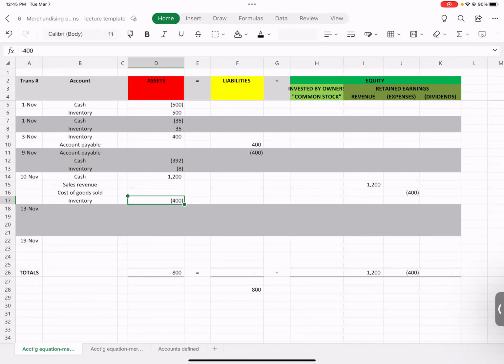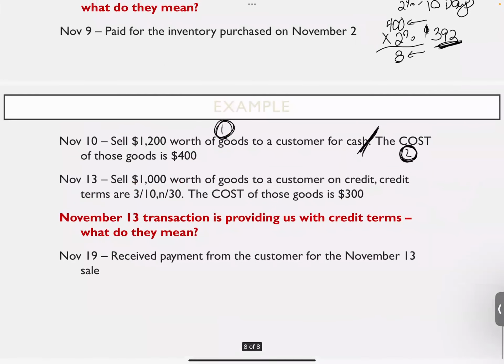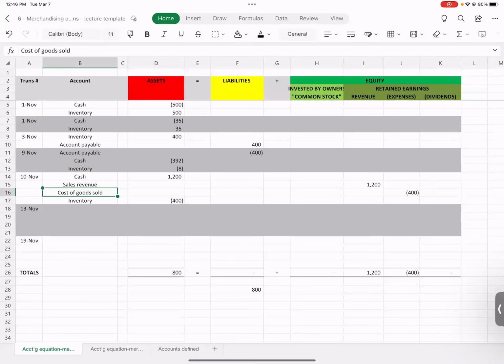So in every one of these sale transactions, what you have to remember is that there's going to be a sale piece and there's going to be a cost of inventory piece. The sale piece is how much did you sell those goods to the customer, period, end of story, right? The cost piece is what was the cost of those goods that you just sold? You account for that as cost of goods sold. And then you also account for that as your inventory decrease.